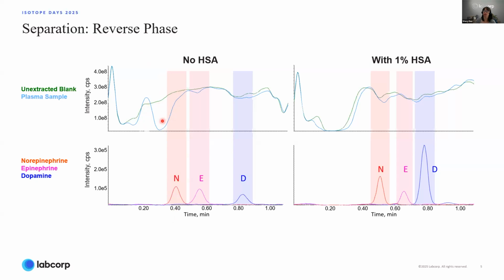So we wanted to avoid that, but no matter what we did with this separation, we couldn't move it out of the way. So we added 1% HSA into our reconstitution solvent, not into the mobile phase, but we added it to the recon solvent as an ion pairing agent. So that actually gave us a little bit more retention time, and it also gave us a little bit more control over the separation.